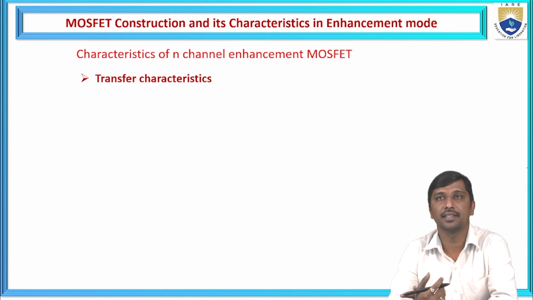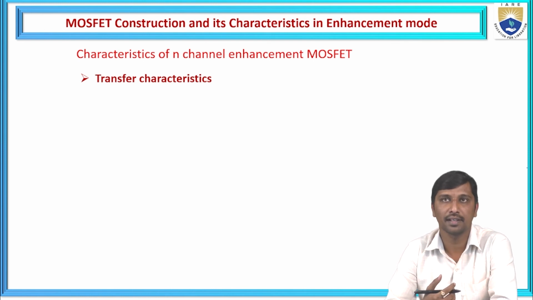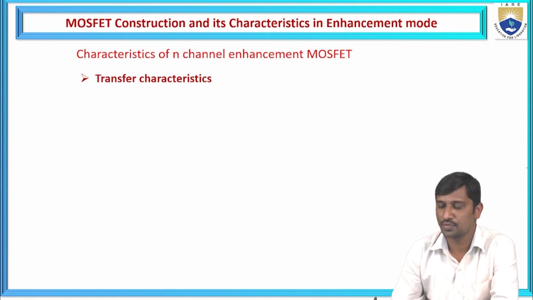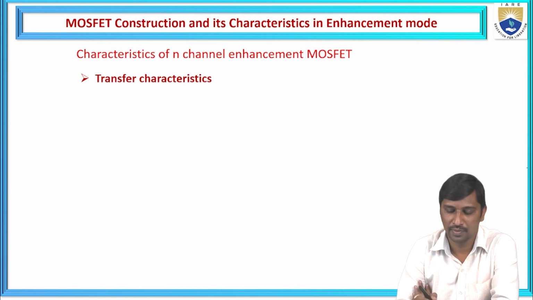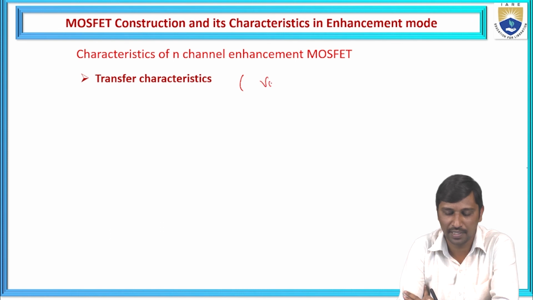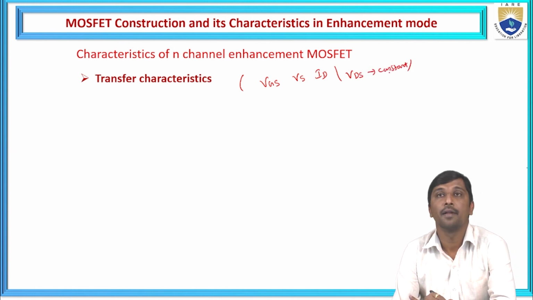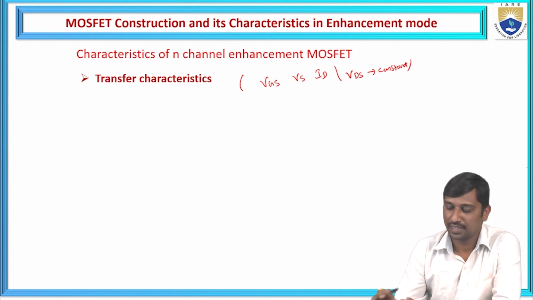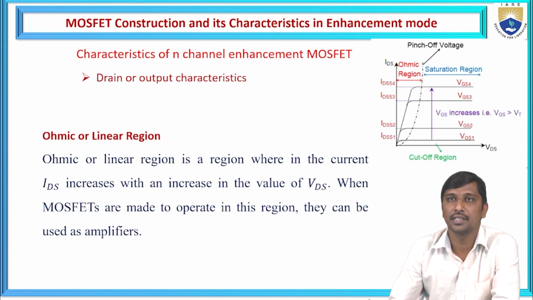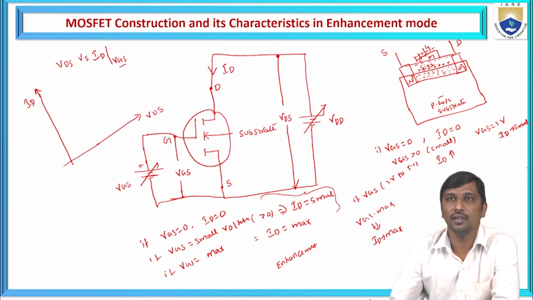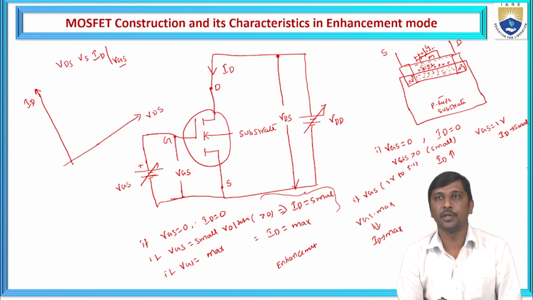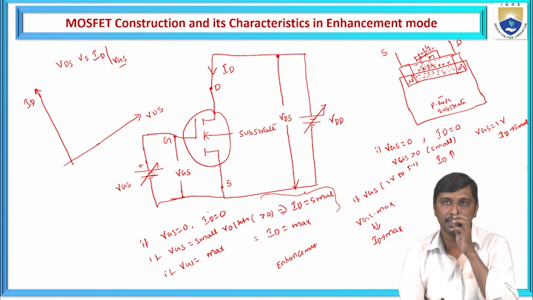Now, another characteristic is the transfer characteristics. So what are the transfer characteristics? The transfer characteristics are plotted between VGS versus drain current, by keeping the drain to source voltage constant. From this construction, we again need to consider the same setup.